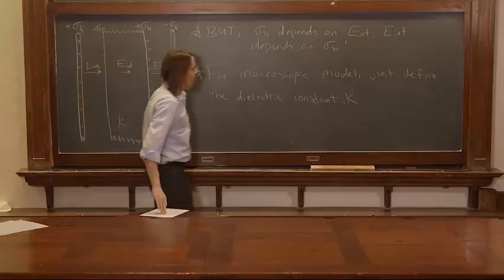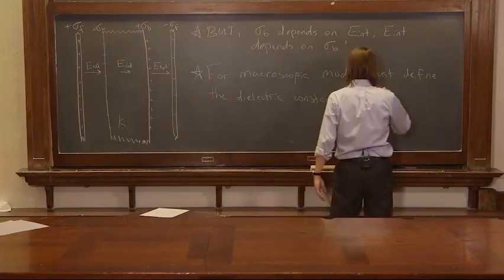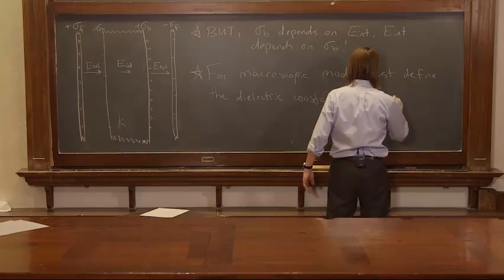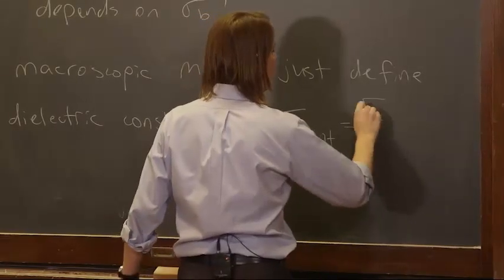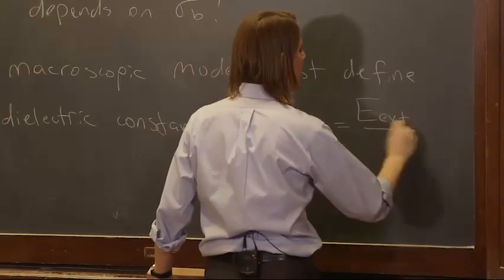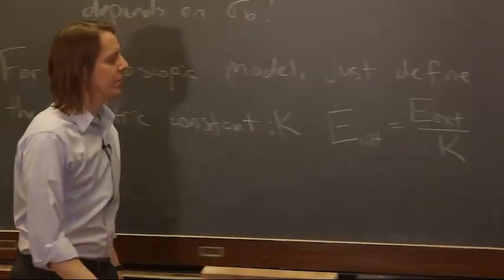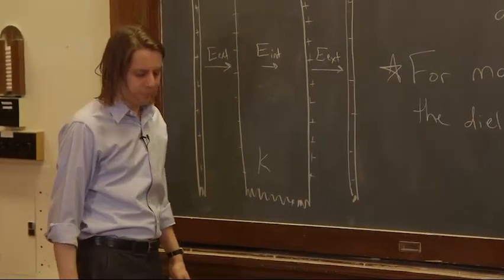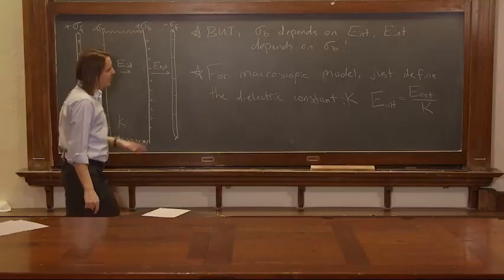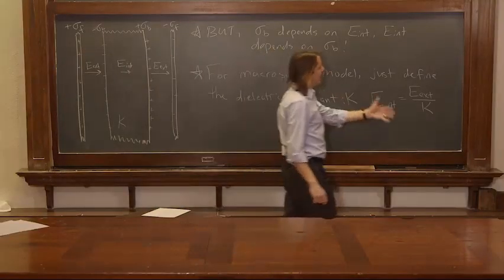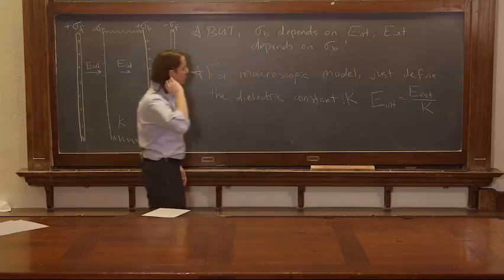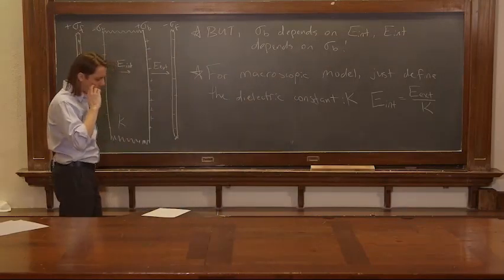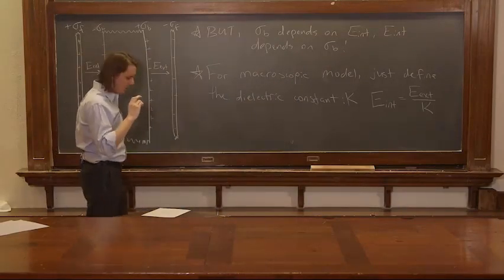The dielectric constant K, the unitless number that you can use to characterize a dielectric. And the dielectric constant will tell you how much it goes down, how much the field changes. E internal is whatever you apply externally, and it's reduced by a value K. That's what the dielectric constant is. Okay? So if you have that, then you can go back to our former equation. So we could say, in that case, then before, what did we have?